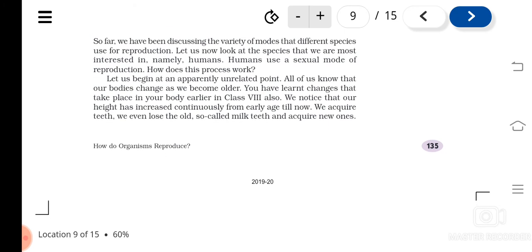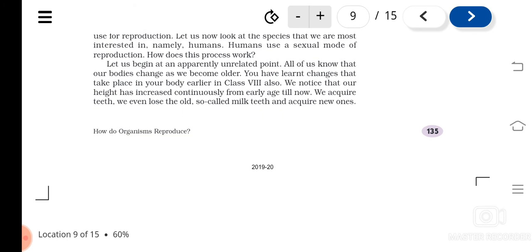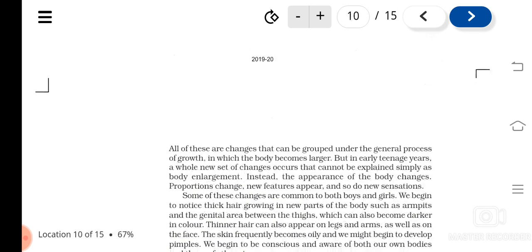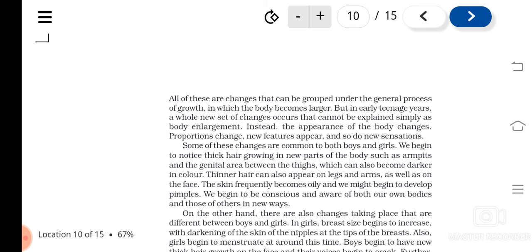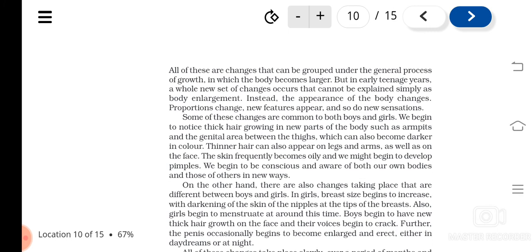Like we lose the milk teeth and get a new set of permanent teeth. Then there are other characters that allow the person to develop the sex cells. Some body changes happen, proportions change, new features appear, and also new sensations in the adolescent stage.